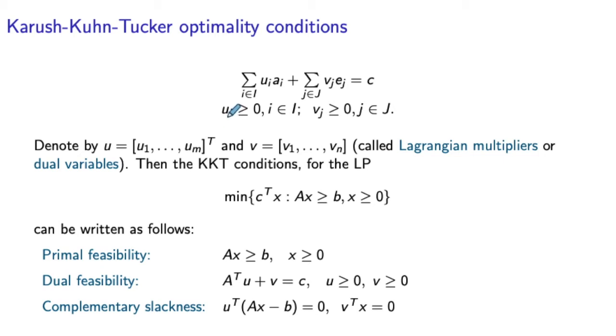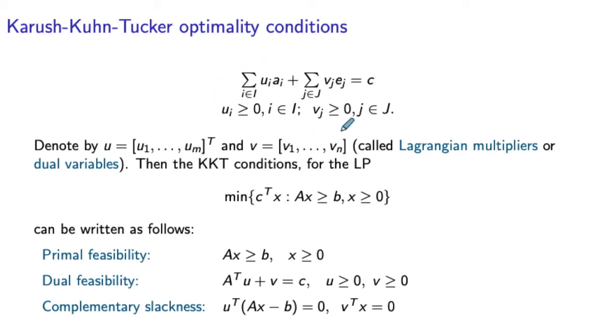Then in this case, we don't really know which constraints will be binding or non-binding at our point, and we need to be able to address this question as a part of our optimality conditions. So for this, we'll develop what we call the complementary slackness conditions, something that we are already familiar with, but now we are going to obtain these conditions based on this system that we have here.